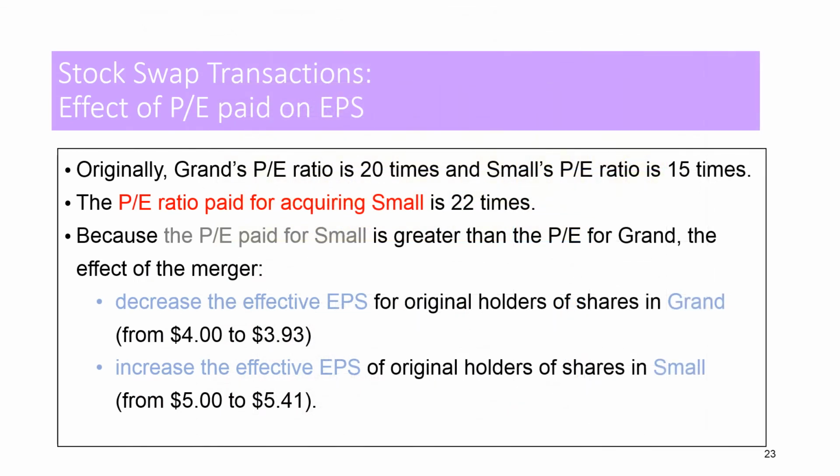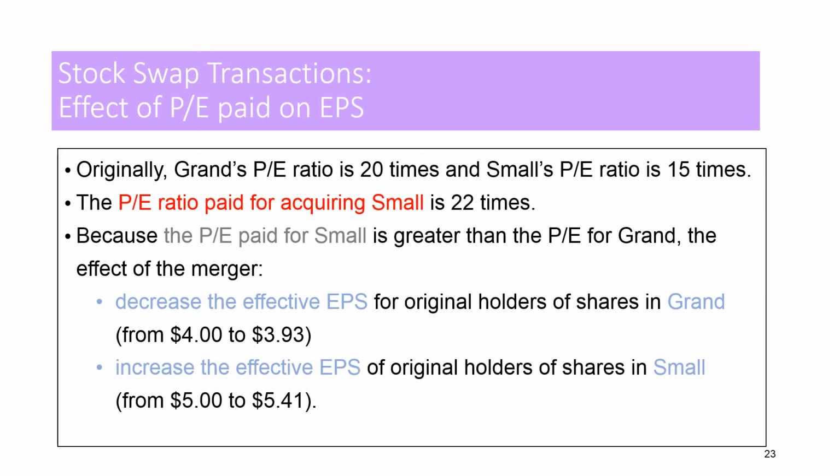Let's conclude our findings. Do you notice that the earning per share of the original Grand and Small shares changed after the merger? Why do the earning per share of Grand shares decrease? Why do the earning per share of Small shares increase? It has something to do with the acquisition cost.